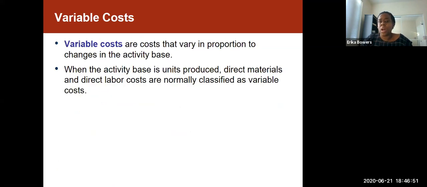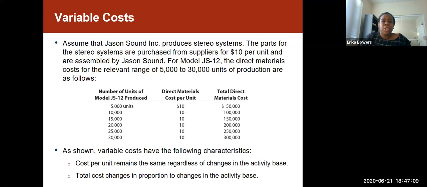Variable costs are those costs that vary in proportion to the changes in the activity base. It will be like your direct materials or your direct labor hours. The more units you make, the more direct materials you need, and the more direct labor hours you'll be assessed. Looking at this company here, we'll see what it means to be a variable cost.